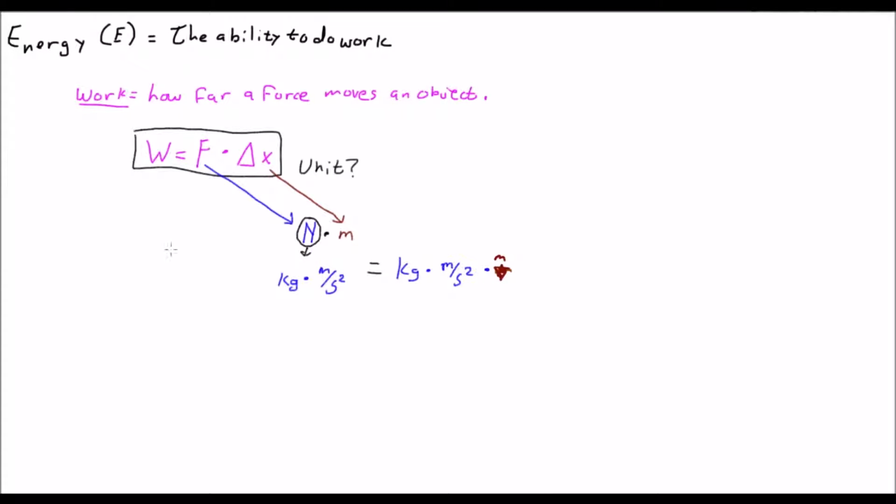It's going to end up as kilograms times meters, all divided by seconds squared. Now math tells me that I can multiply them out, so my final unit is going to be kilograms times meters squared divided by seconds squared. And there's your unit for work.